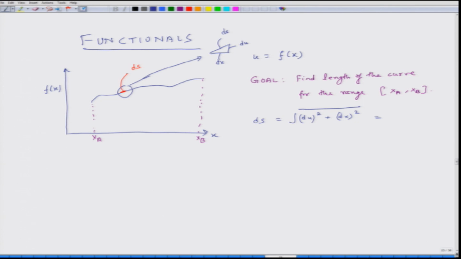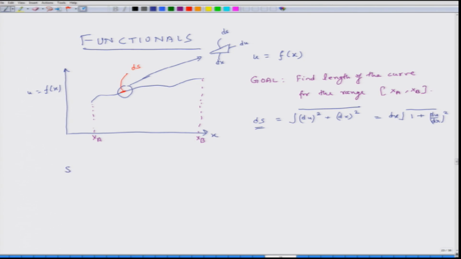Because u is equal to f of x here, if I take dx out, then I get the square root of 1 plus du over dx whole square, times dx. So that is the length of a very small element on the curve. If I add up all these small elements on the curve, then I get the total length.